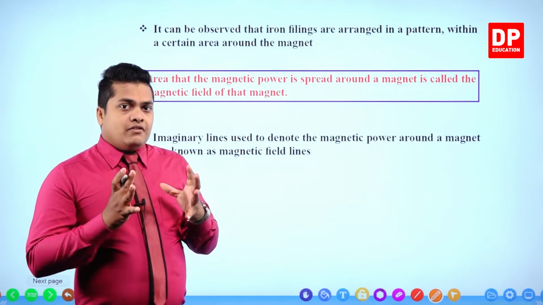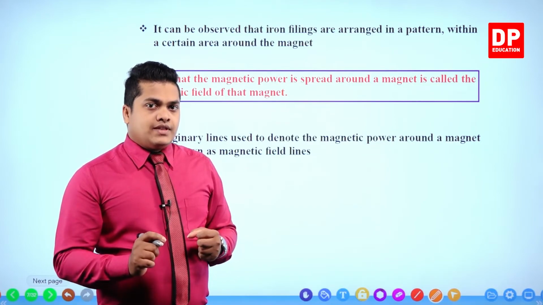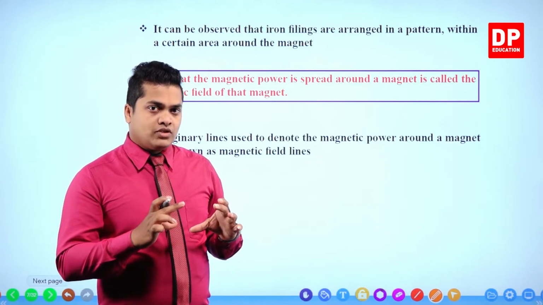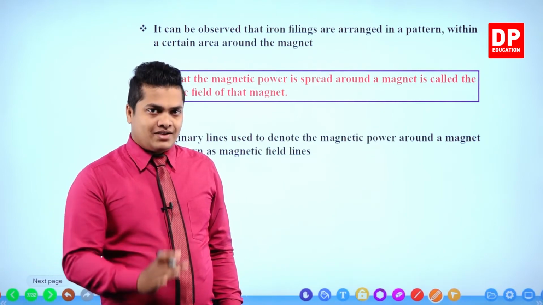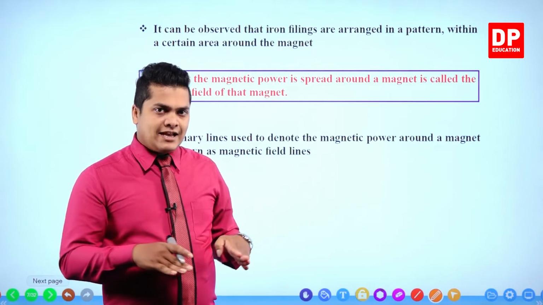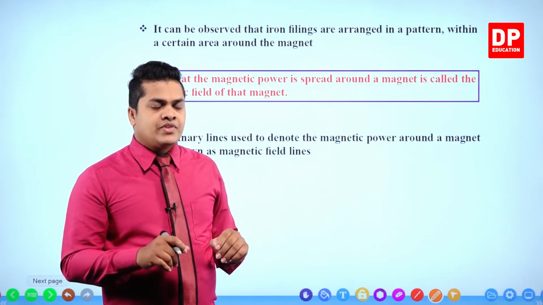In both of these experiments, we could observe that around the magnet, the iron powder arranges into a certain pattern, but in a certain area only.